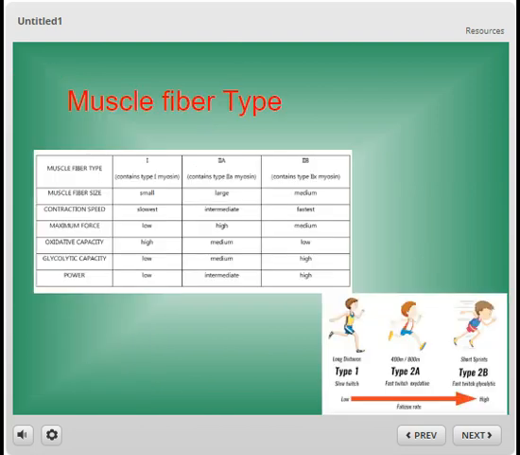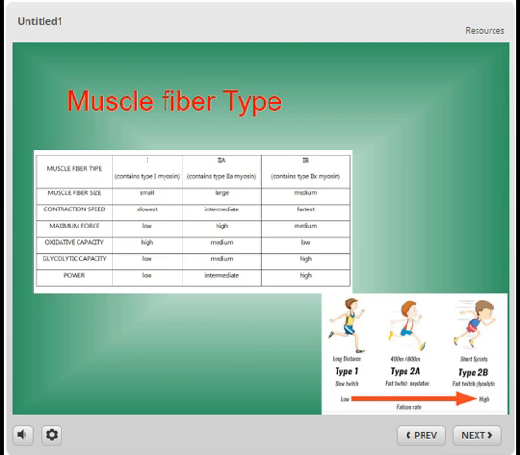Muscle fibers can be classified into several types based on their characteristics, functions, and metabolic properties. The main types include type 1 fibers, or slow twitch fibers.